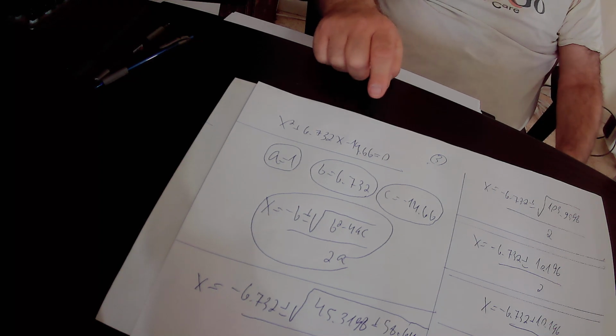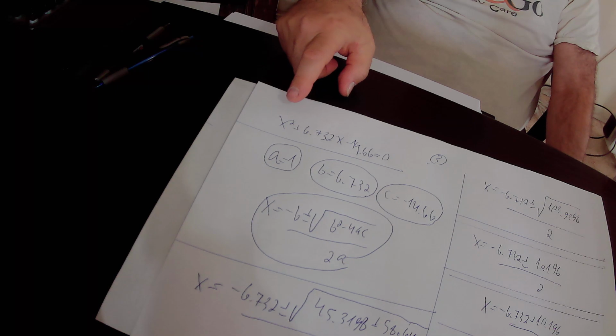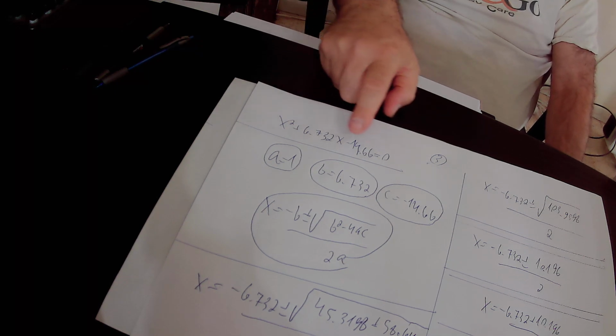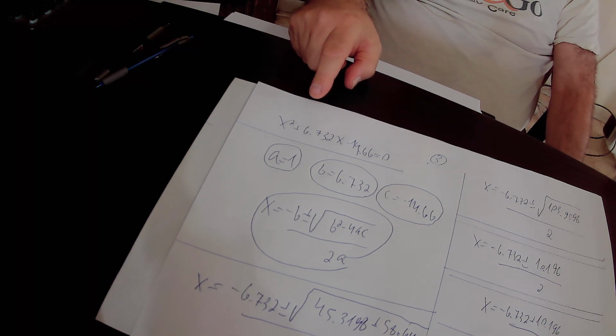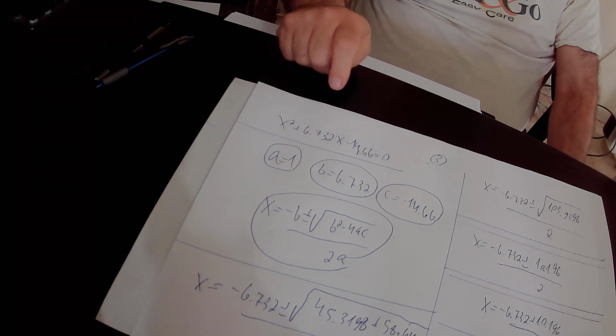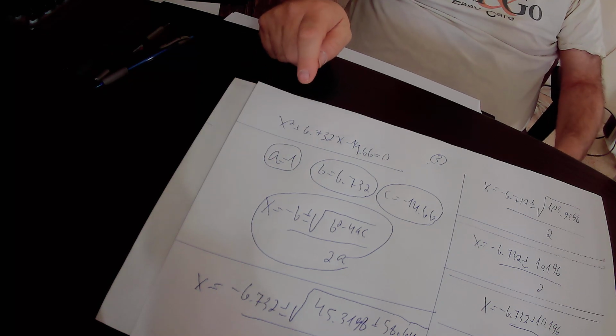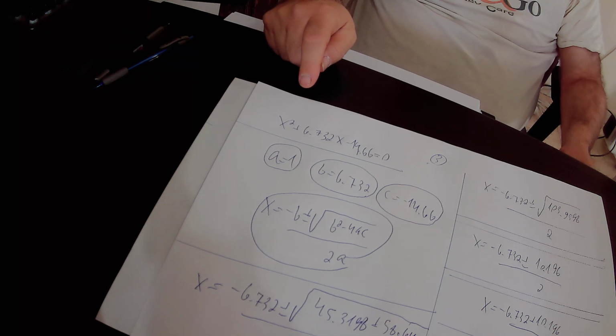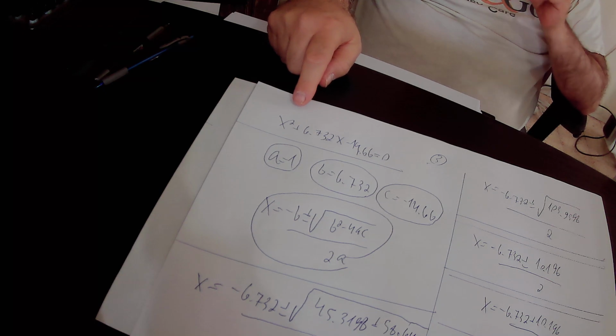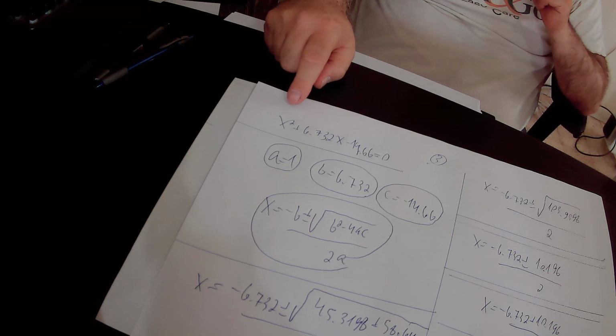So we just have to put those values of a, b, and c from our specific quadratic equation inside this general formula for x, in order to find the value or values of x in our specific quadratic equation.